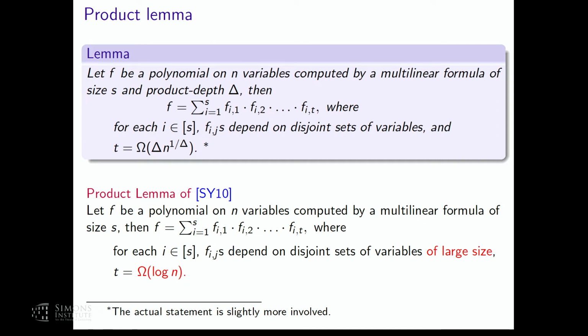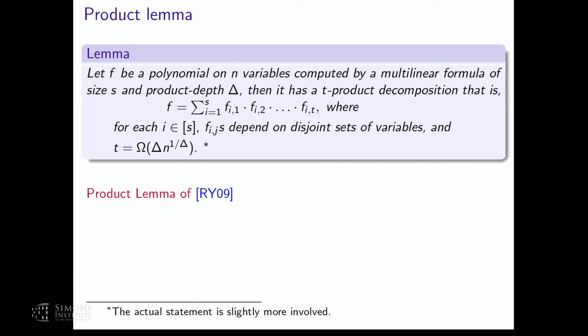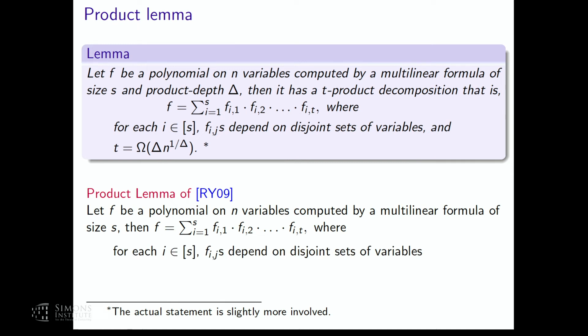There is another such statement that Mrinal was talking about, which appears in a paper of Raz and Yehudeev. They also give such a decomposition. They also unfortunately need that every polynomial depends on a large set of variables, and what they get as the number of factors is n to the 1 by 2 delta.